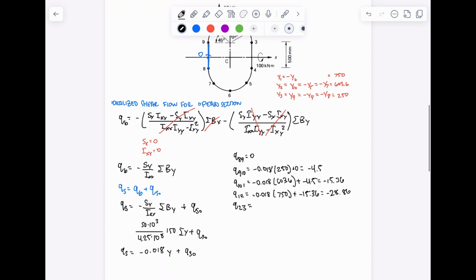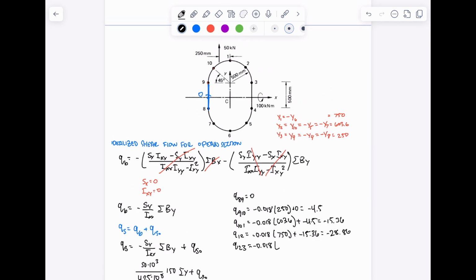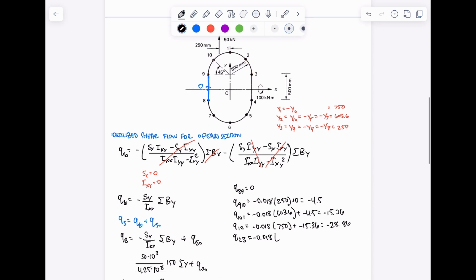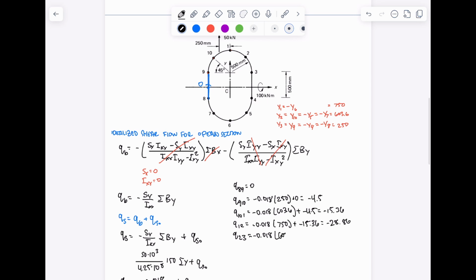So 2 to 3, again, the formula that we've solved, which is negative 0.018 times the boom distance from the centroid of the boom that we passed, which is, in this case, we passed 2. 2 is, again, 603.6 plus the shear flow from the previous section.